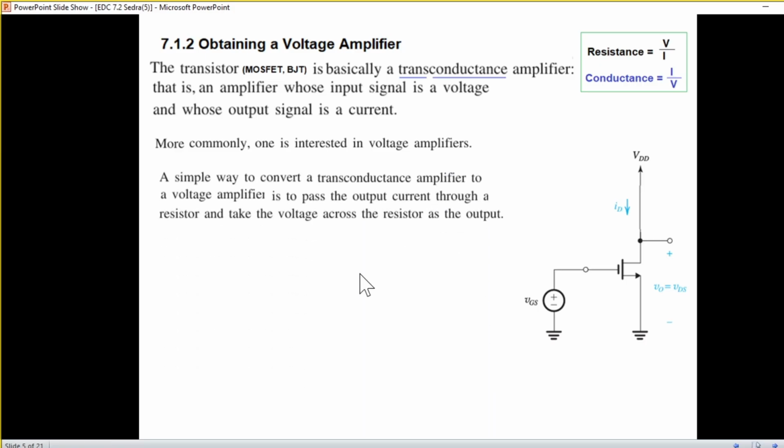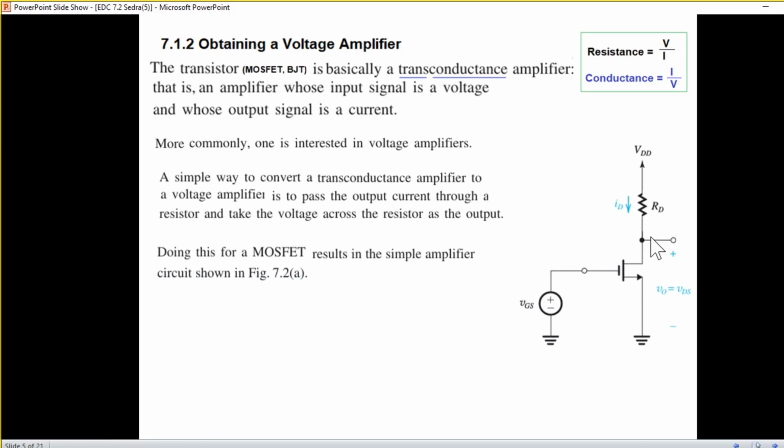So we have added a resistor here, and now this results in a simple amplifier because now it is voltage out divided by voltage in. A simple way to convert a transconductance amplifier to a voltage amplifier is to pass the output current to a resistor and take the voltage across the resistor as the output.